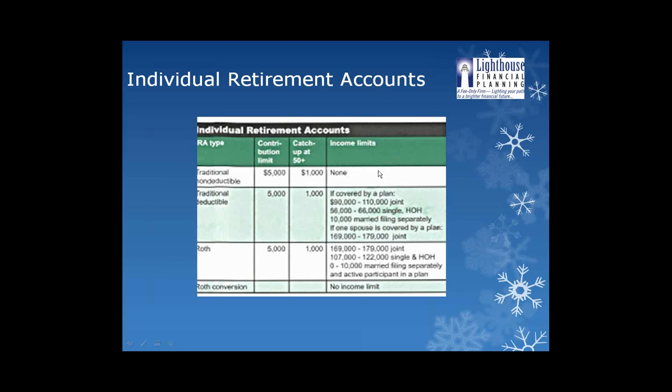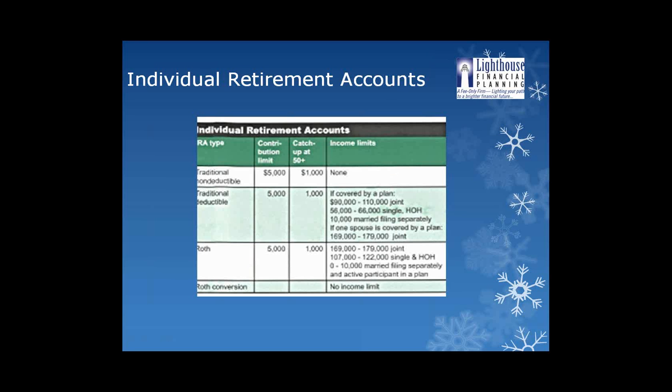With a non-deductible, you can see here that there are no income limits. Anybody can put the money in there, and it's a hybrid of the traditional and the Roth. Basically, you put the money in a non-deductible, you don't get a tax benefit, but that money gets to grow tax-deferred.